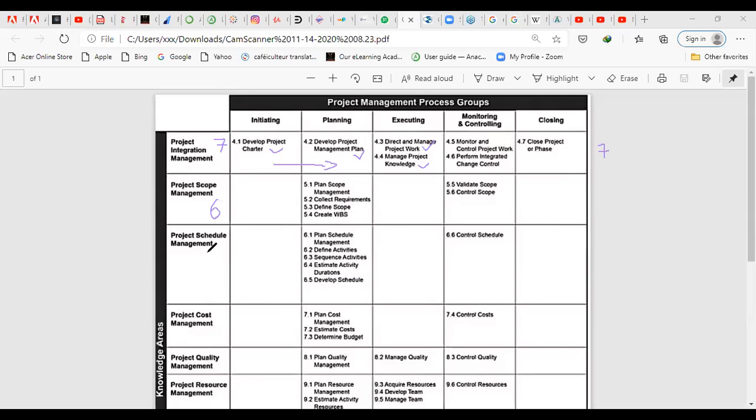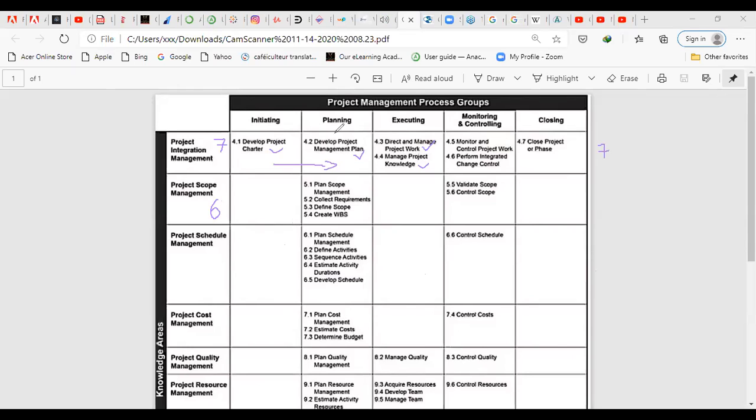Then we come to schedule management. How are we going to manage the activities such that at the end of the day, we deliver the set project at the set time that we've been given? So here, at the initiating phase, there's no process. At the executing phase, there's no process.